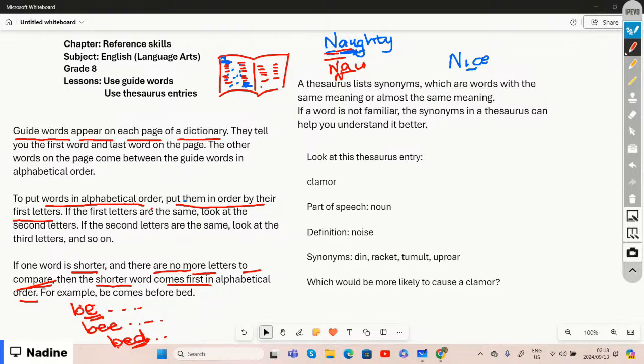And like we say, words in the dictionary or within a thesaurus are in alphabetical order, and that will make it much easier for you to look for words. So now they are put in alphabetical order, and the guide words will be there to guide you when you are looking for specific words.